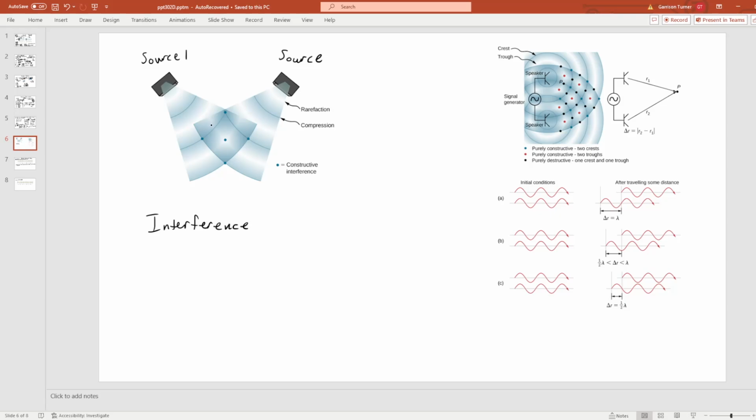And where these meet, or where the waves cross, I should say, is going to determine what the total resultant wave will be, right? So you will get constructive interference when the same part of the waves cross each other.